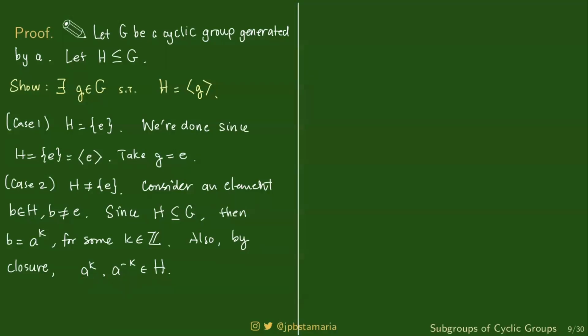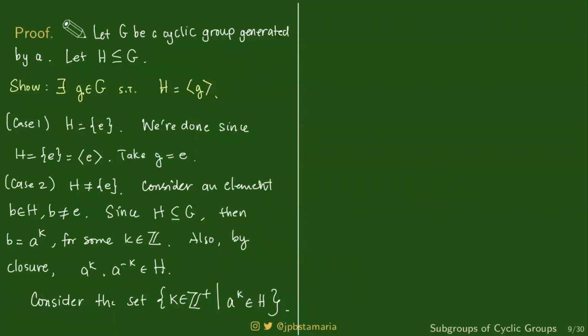Ang gagawin natin, consider the set of all positive integers K so that A to the K is in H. Kasi kapag si A to the K nasa H na, automatic na yung A to the minus K nasa H din. So let's just consider the positive exponents. Okay? Naintindihan nyo? Titignan natin yung mga positive powers ng A na makakapasok sa H.